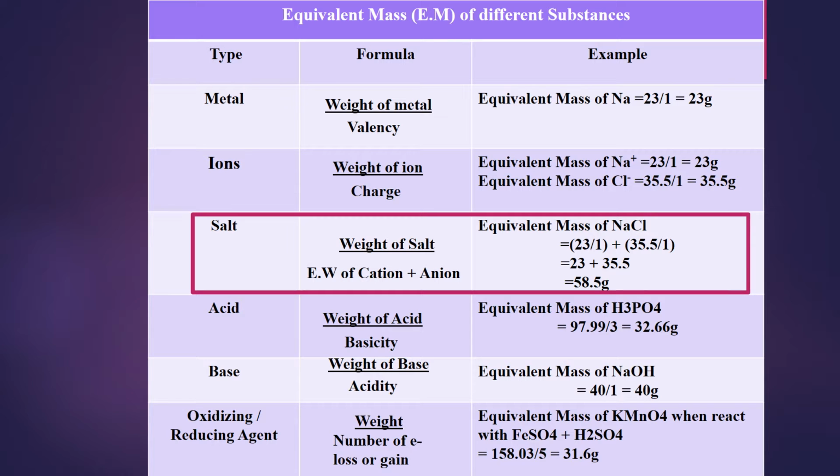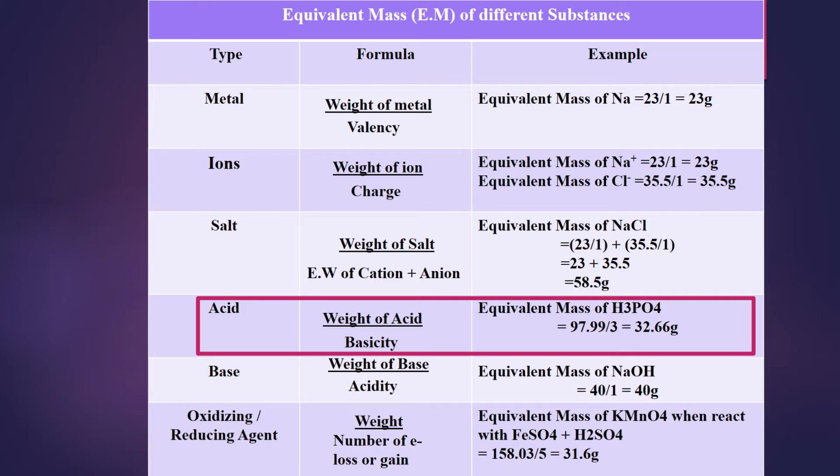Now add equivalent masses of sodium and chloride ion. The required equivalent mass of sodium chloride is 58.5 grams.